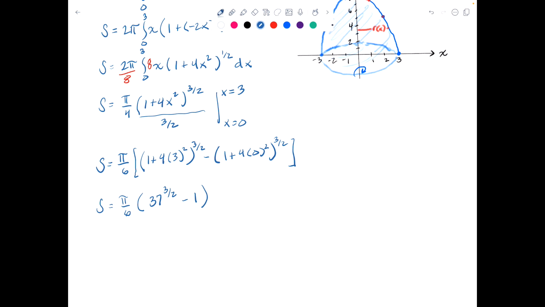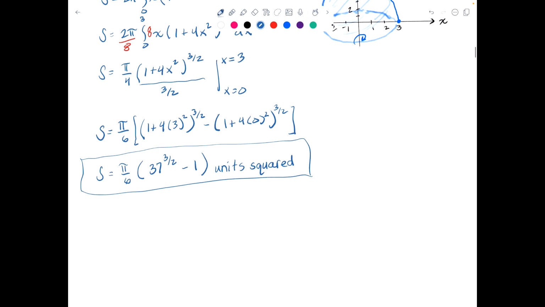And that's in units, actually units squared, or square units, because it's an area. Cool, cool. So that is exact. Most of the time in my class I'll ask for an exact answer unless it's specified otherwise.